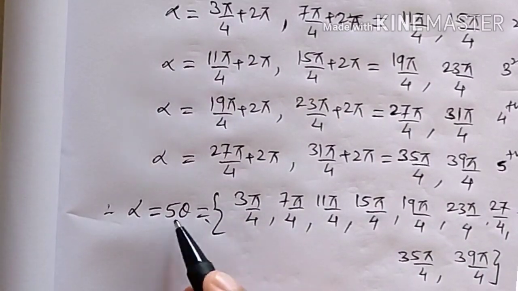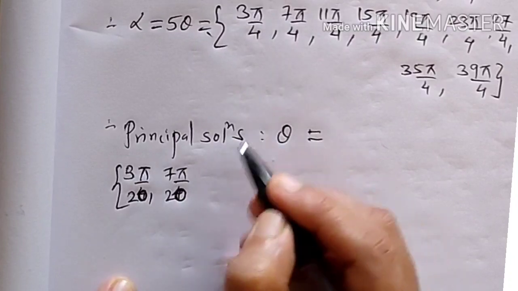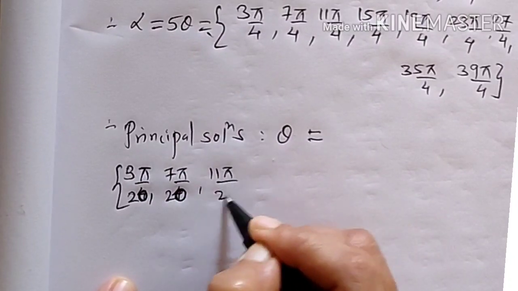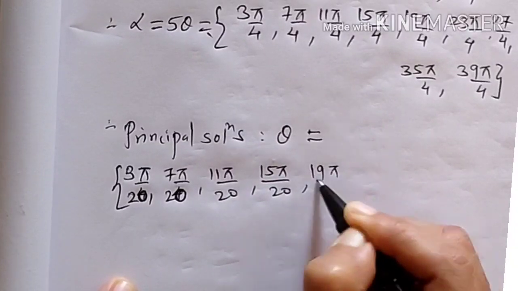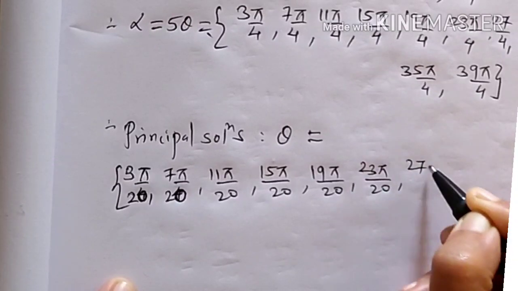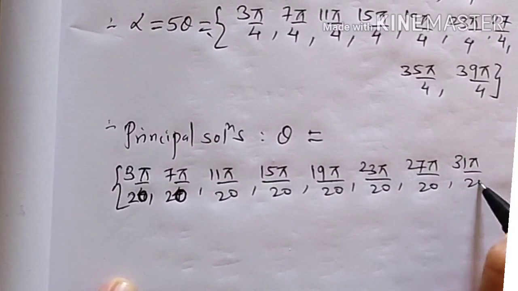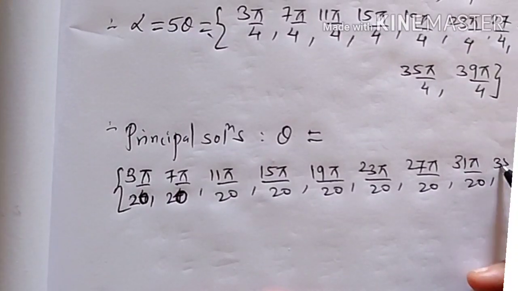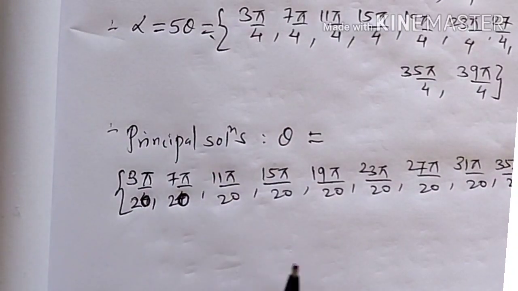So we get 3 pi by 20, 7 pi by 20, 11 pi by 20, 15 pi by 20, 19 pi by 20, 23 pi by 20, 27 pi by 20, 31 pi by 20, 35 pi by 20 and 39 pi by 20. These are the possible values for theta.